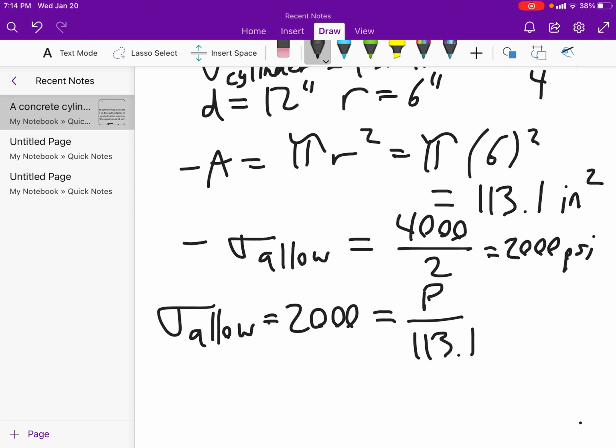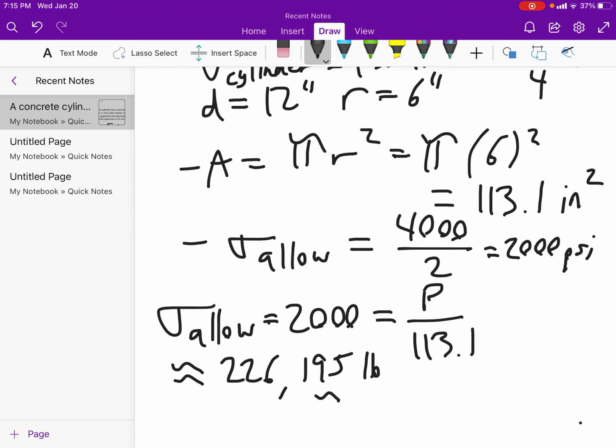Now we're going to solve for P, and I'm going to use my calculator for that. So I'm going to get 226,195 pounds. However, the problem statement asked for it in kips, so we would essentially divide it by 1,000.